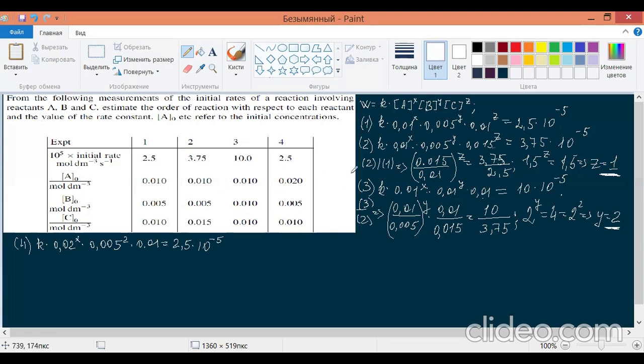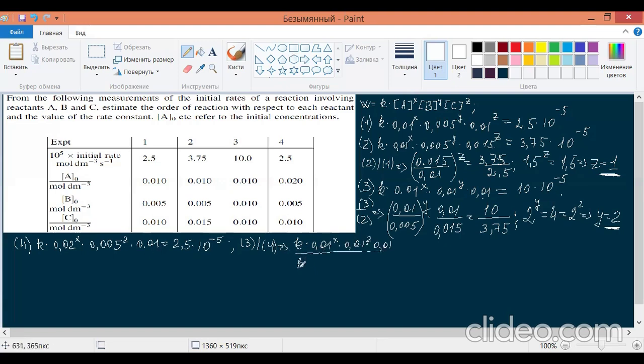So the third reaction divided by the fourth reaction. So what will we get? k times 0.01 to the x times 0.01 squared times 0.01.